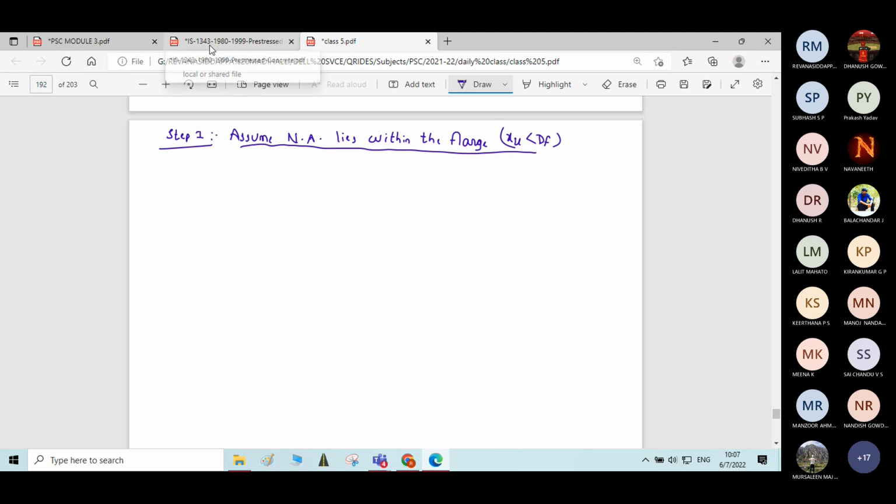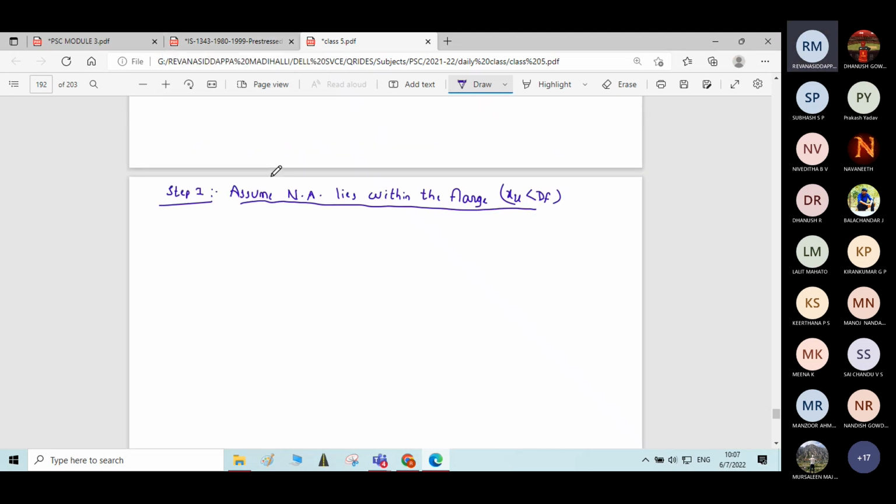See, the procedure is different. The procedure of finding ultimate moment is different if the depth of neutral axis lies within the flange, and the procedure is different if the depth of neutral axis lies within the web. First, we have to identify whether the depth of neutral axis lies within the flange or web.